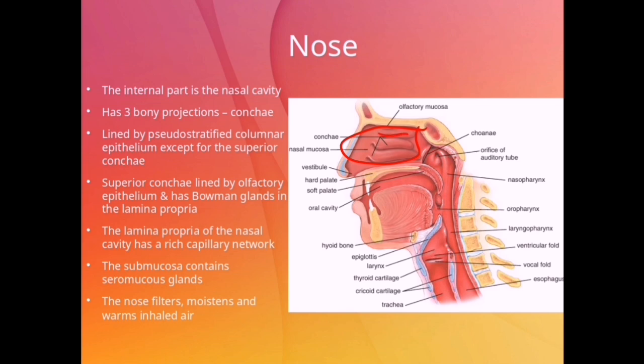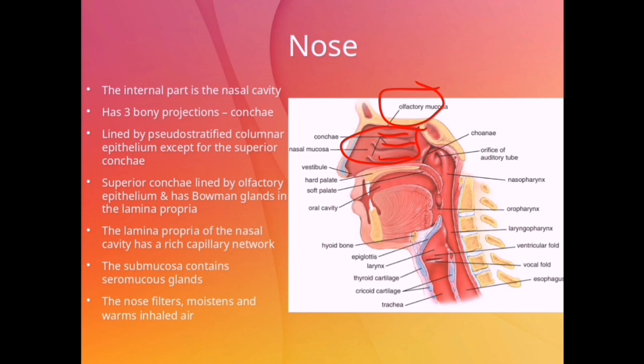The superior one is lined with what we call the olfactory mucosa. This mucosa is a specialized epithelium for sensing smell or odor. The medial concha, the inferior concha, and the rest of the nasal cavity are lined by pseudostratified columnar epithelium.